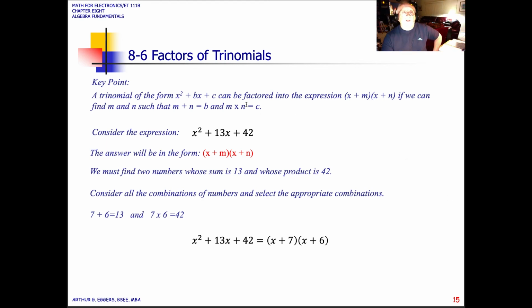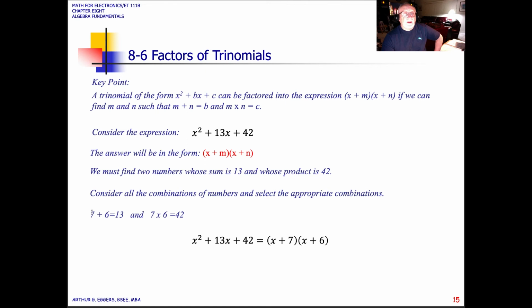So if we consider the expression x squared plus 13x plus 42, the answer will be in this form, x plus m times x plus n. If we go through trial and error, we need to find two numbers whose sum is 13 but whose product is 42. So there's our 13, there's our 42. If you look in your text, they give you an ordered progression of choosing a couple of values that will sum to 13 but have a product of 42.